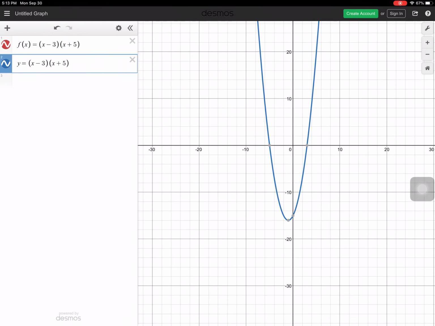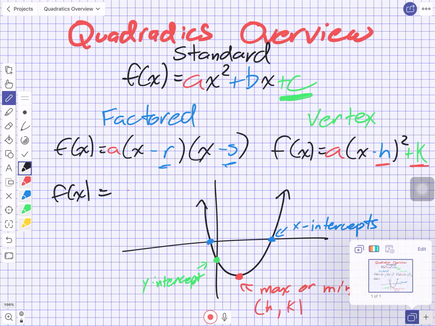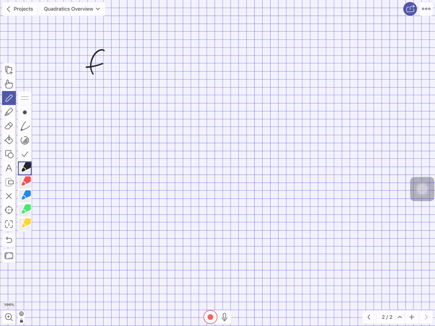What f at x is doing is allowing us to take stock of the values we're putting in for x. So for instance, let me jump to another page really quickly to do this example. If I have the exact quadratic we just talked about, x minus 3, x plus 5, and I wanted to find the y value when x is equal to, I don't know, 10.